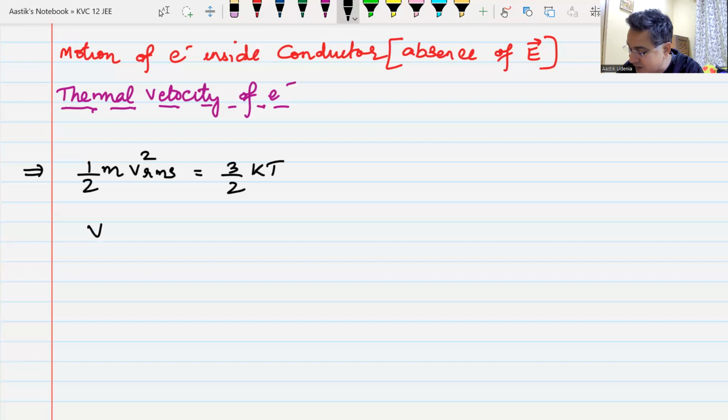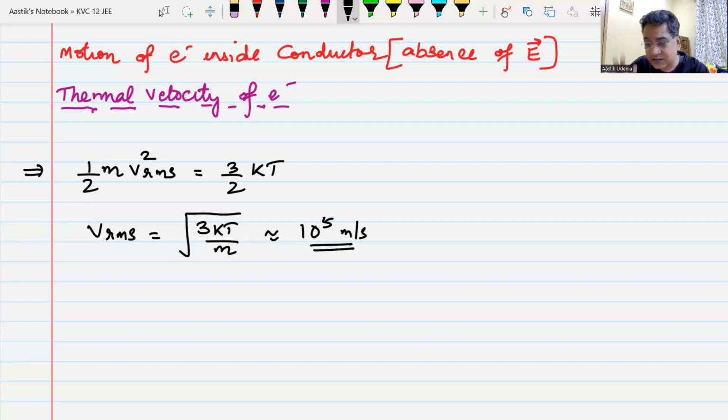So from there I can find out the thermal velocity of these electrons, and it will come as the square root of 3kT by m, where k is our old friend, the Boltzmann constant. At room temperature, which is taken as 300 Kelvin, 27 degrees Celsius, something of that nature, this velocity comes to about 10 raised to the power 5 meter per second.